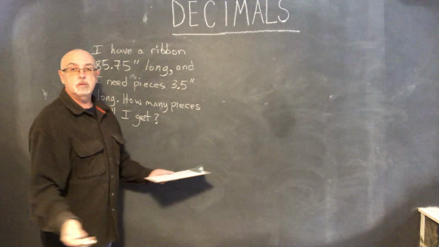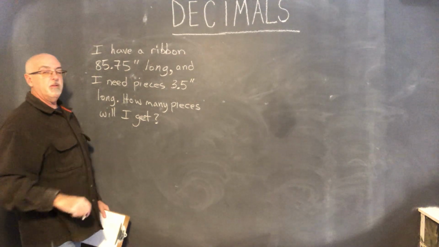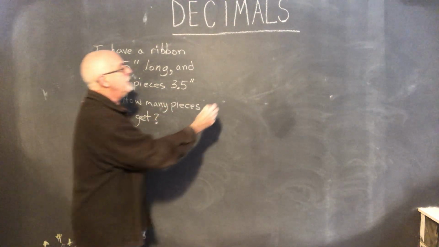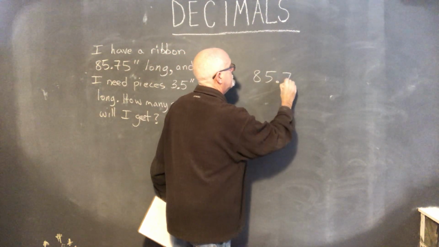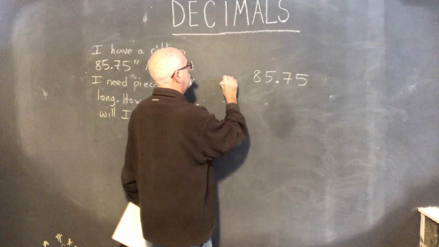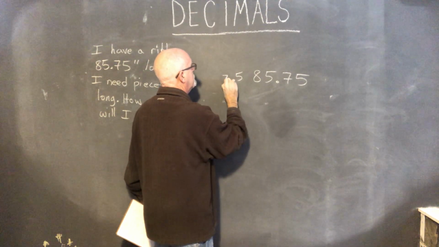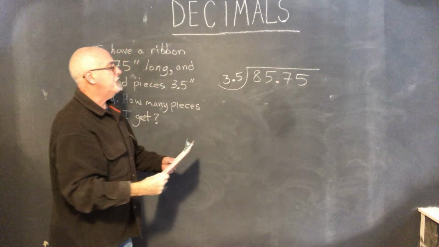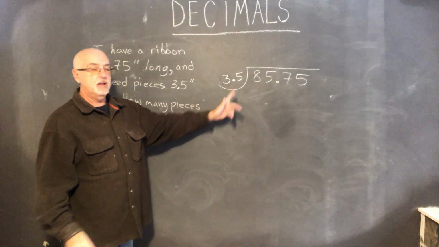Okay, good question. So it's not money, but it still is decimals. We are taking an 85.75 inch piece of ribbon and we are dividing it by 3.5. So our decimal division is going to look like this. And the number that we are dividing by has a decimal in it.